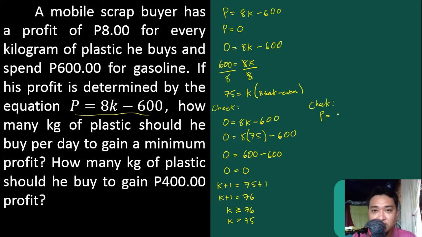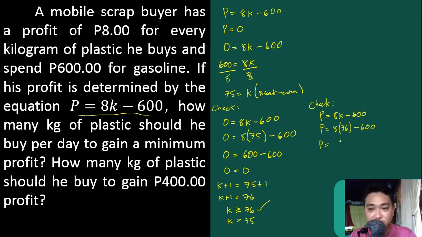P is equivalent to 8K minus 600. So, yung minimum natin is 76 kilos. Ayan. So, the profit will be 8 times 76 kilos minus 600 sa gasolina. So, P is equivalent to, if you're going to use our calculator, we have 8 times 76.